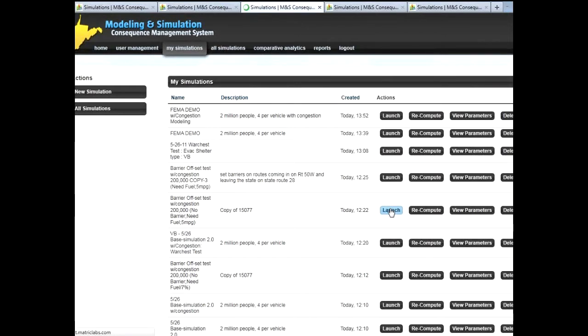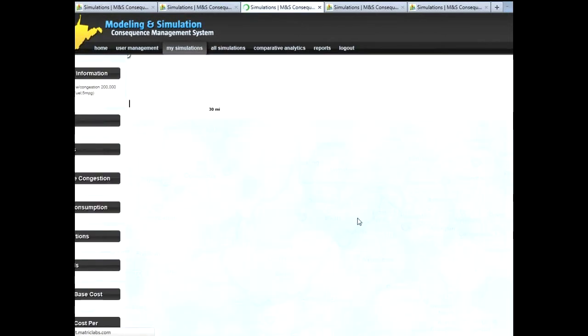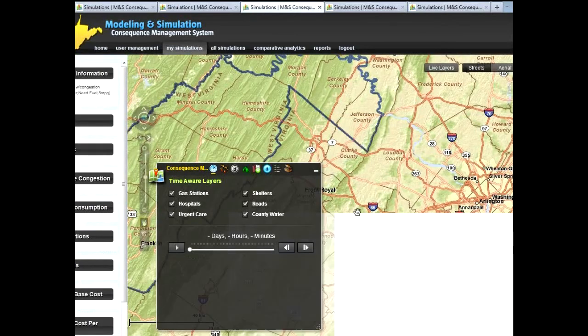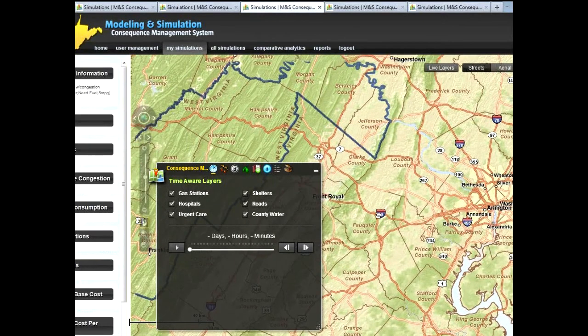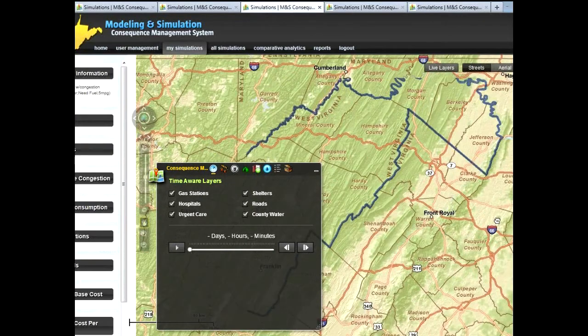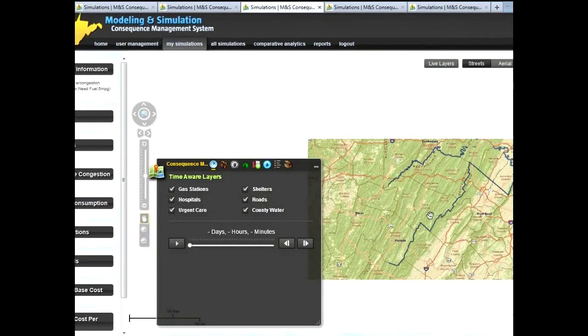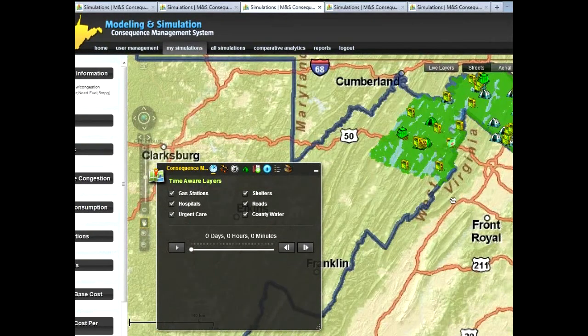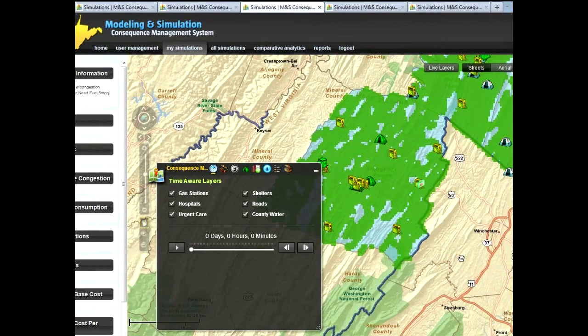So we'll launch this one. This one does not have a barrier. So let's verify that we don't have a barrier. Okay. Now, let's start seeing how this plays out. Let's zoom in on that same area of interest. Here's the same shelter.